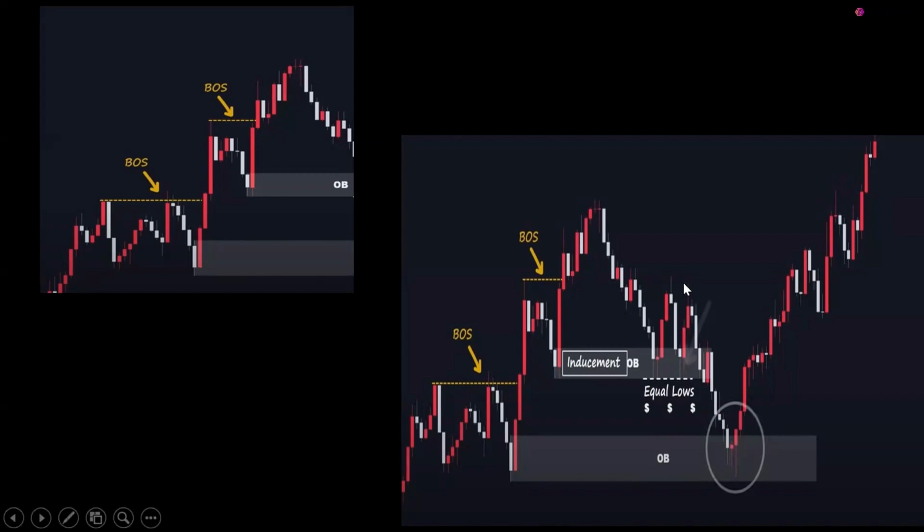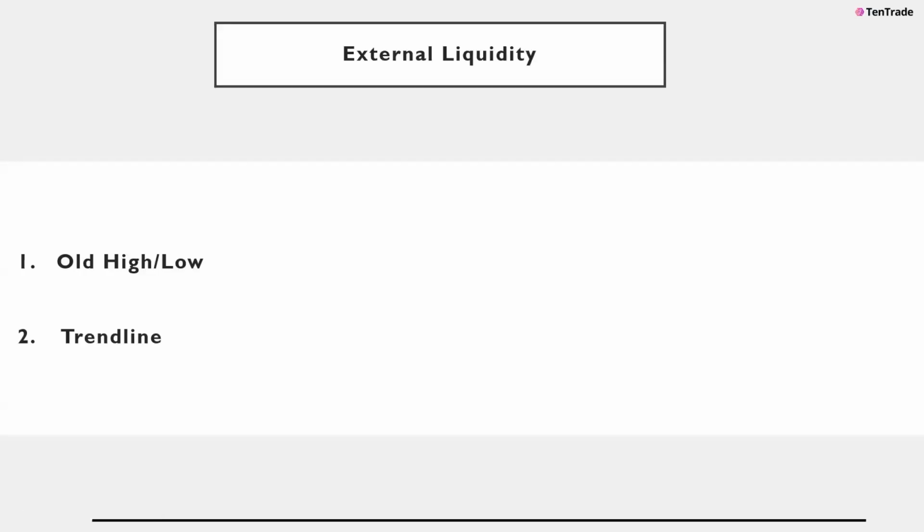So if you have a good understanding of liquidity and how it's being used and how the institutions would weaponize it against the retail world, you are going to do exploits in this market. Now, external liquidity exists in old highs and trend lines. So external liquidity equally has trend line external liquidity.